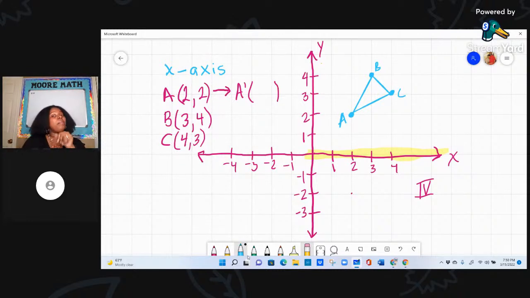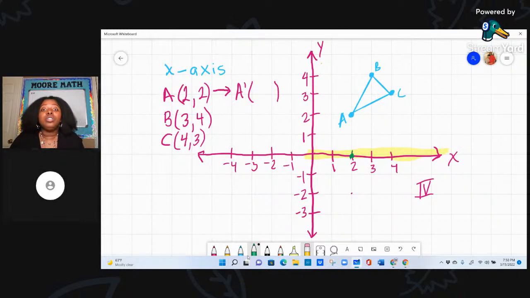So now what about the x-axis? So how far? Okay, so let's start here. Okay, so is this where you usually get stuck? Yeah. Okay, no problem. Let's do it. So if we start at the x-axis right here, how far do I go up to get to A?